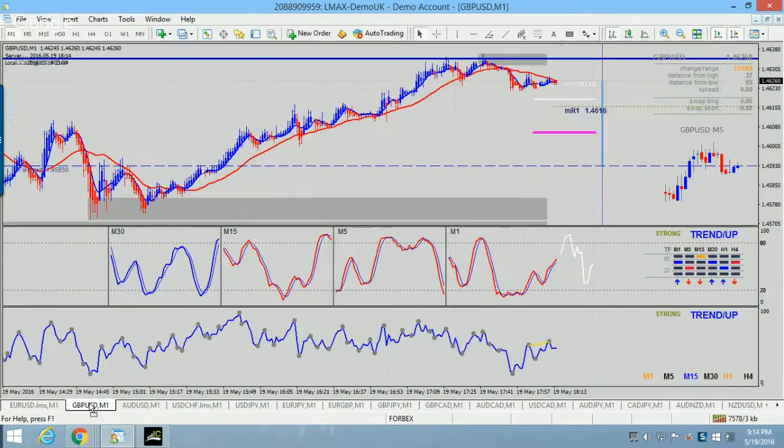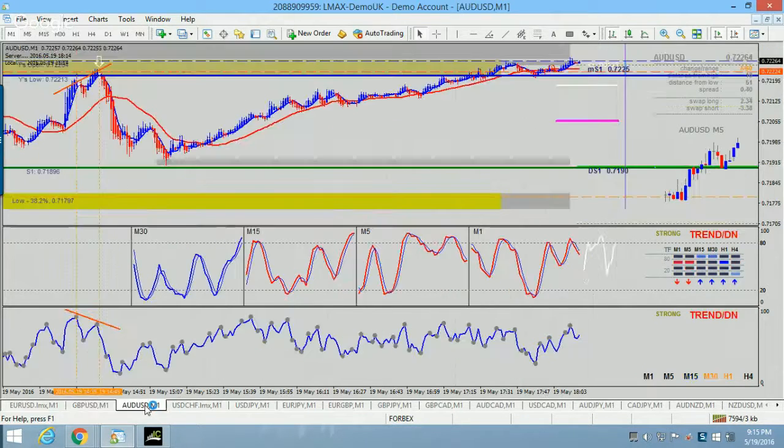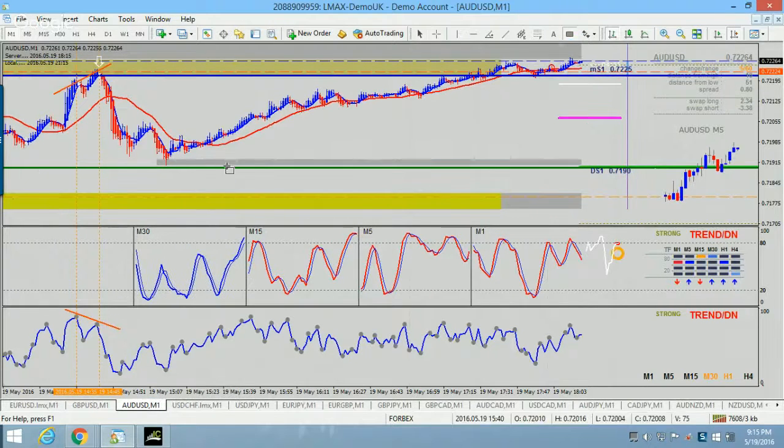I'm going to switch between charts just to show you that generally most of them are correctly represented. Okay, next chart. Here you may apply a bit of correction as well, but generally they are correct.